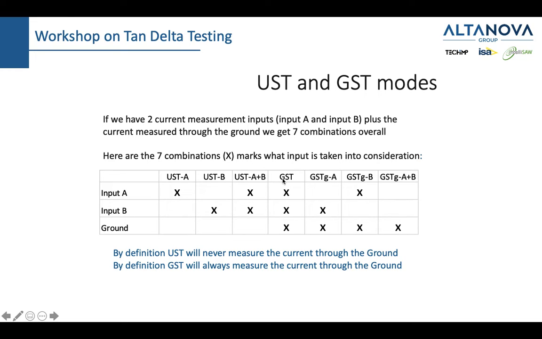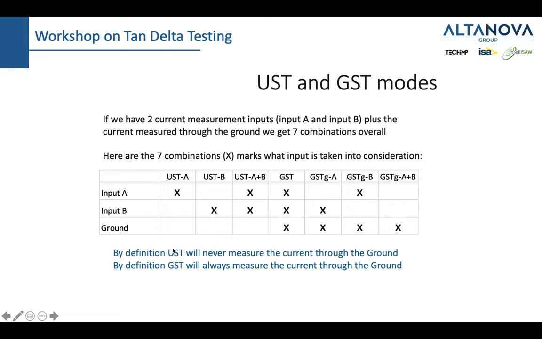But then we go to a GST. GST, or grounded specimen test, means that I will measure all three currents, while GST GA will measure all currents but current A. So it means grounded specimen test guard A, or grounded specimen test remove A. GST GB, of course, measures everything but input B, while GST GA plus B measures only the current running in the ground.